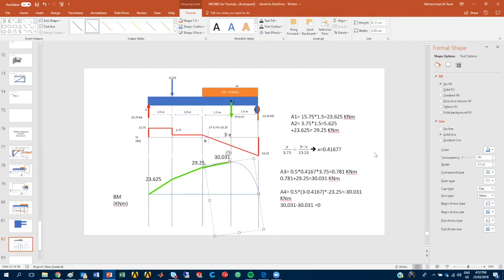Should the vertex be at x with 1.5? Not the middle of the UDL. Which one? No, we didn't use the middle. I used all 3 meters, and we arranged the equation. So we find that tiny x is 0.4167 and this one 36.